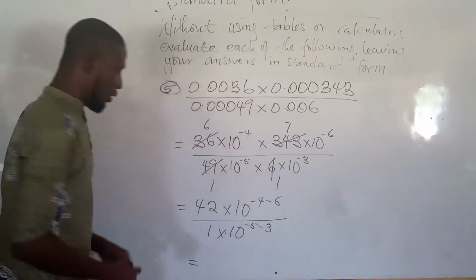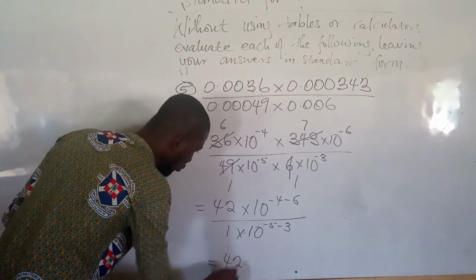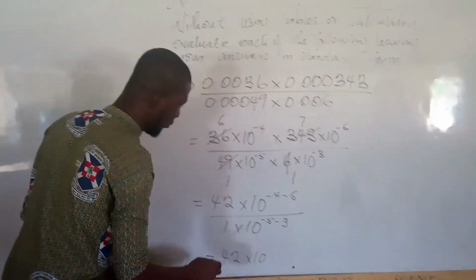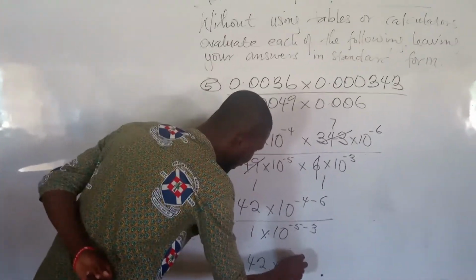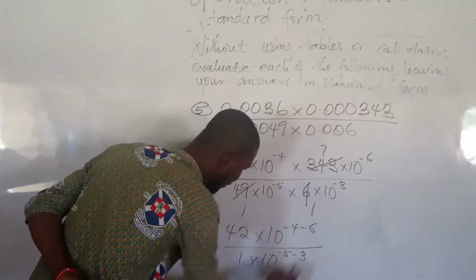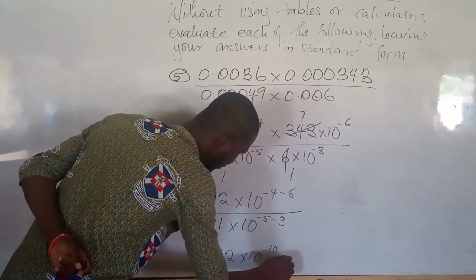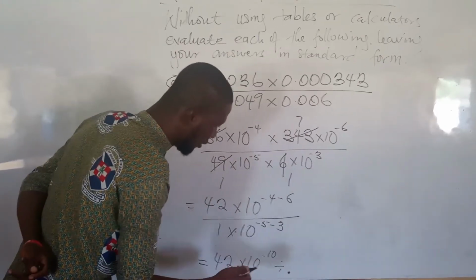So we jump some of the steps quickly. 42 over 1 is the same as 42. So that will give us 10 exponent negative 10, negative 4 minus 6, negative 10. Then divided by 10 exponent negative 8.